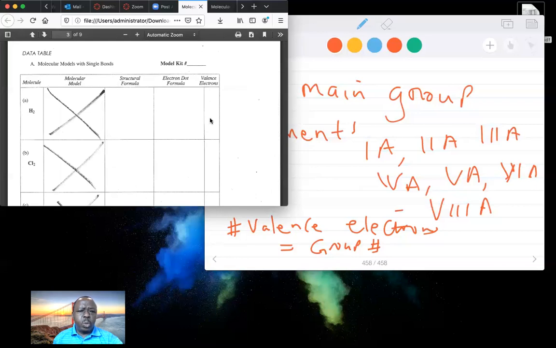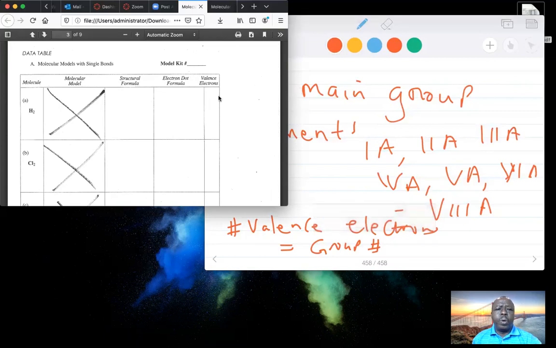That is what you need to complete in the last column. You see my cursor on the right side of your screen. You will see the column for valence electrons right here. This is what you need to complete.